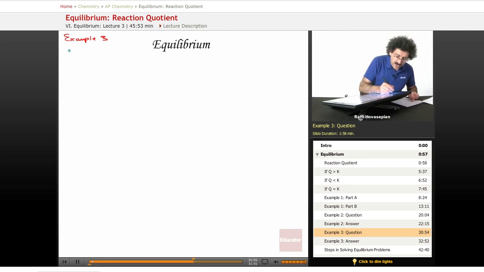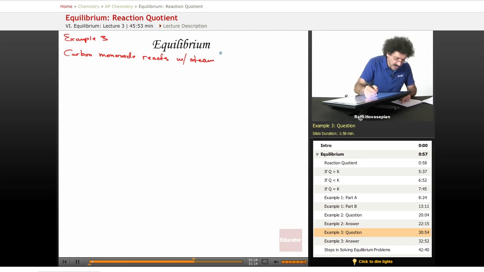Now, carbon monoxide. Carbon monoxide reacts with steam. This is H2O gas to produce carbon dioxide and hydrogen.